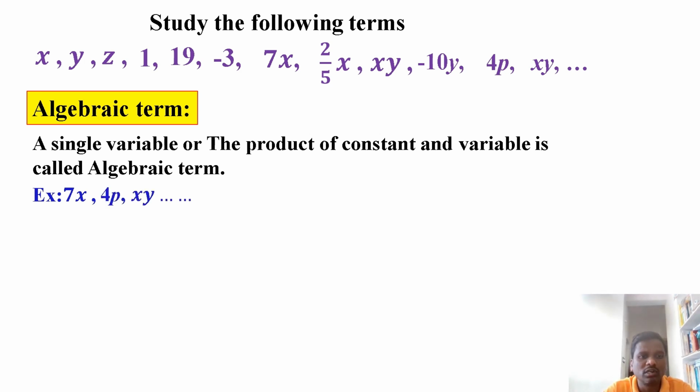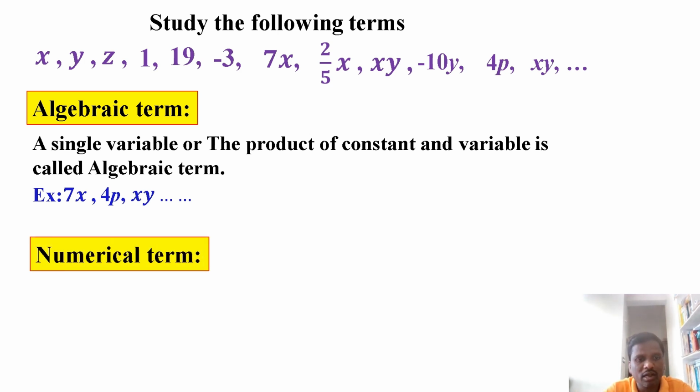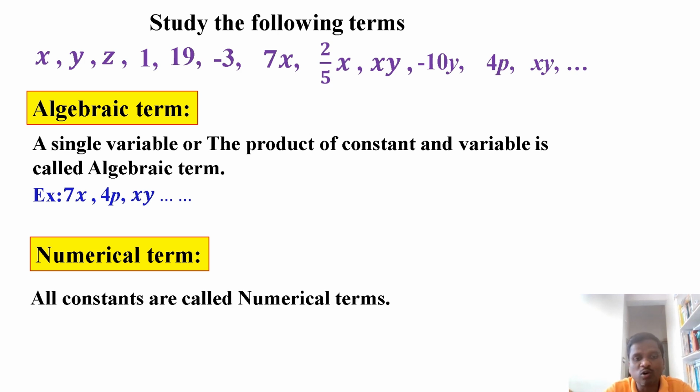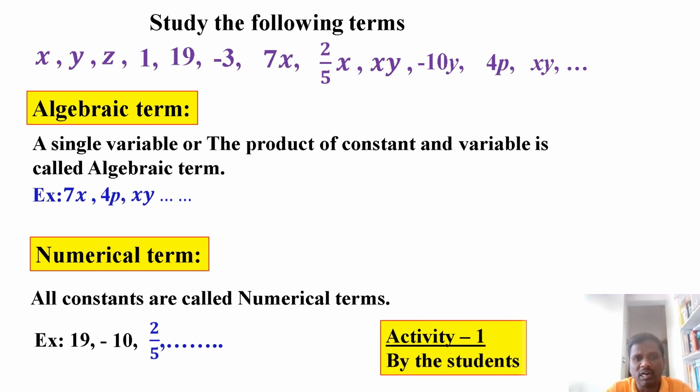Next, 4p: 4 is a constant and p is a variable, so the product is an algebraic term, and xy, a product of two variables, is also called an algebraic term. And what is a numerical term? All constants, all numbers, are called numerical terms.